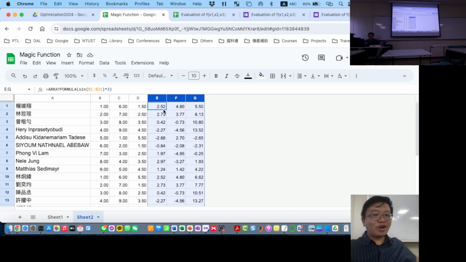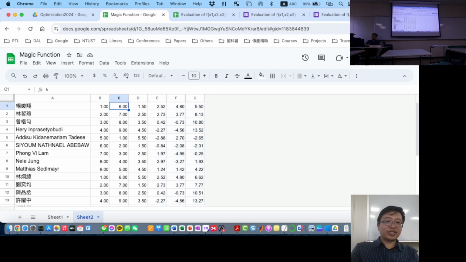So it's a polynomial, basically coefficients, and x1 minus 2.52, x2 minus 4.8, x3 minus 5.5. So everyone has a different solution, okay? And it was randomly made, so everyone should experience differently.